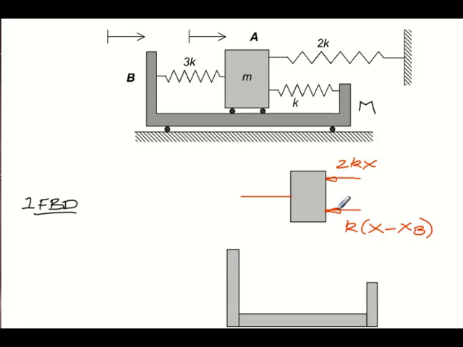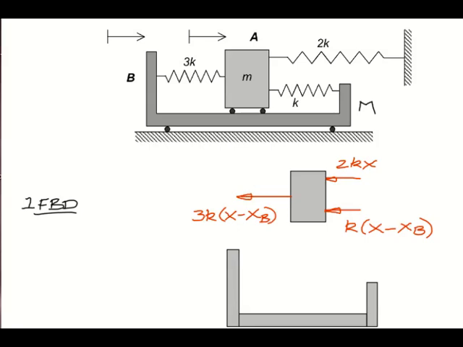Same way with the spring on the left. Its stiffness is 3K, but its displacement is the difference between X and XB. Let me just write it as X minus XB. In this case, though, when X is larger than XB, A is moved more to the right than the cart, so that's going to stretch that spring. So that force is stretched, but it still points to the left.